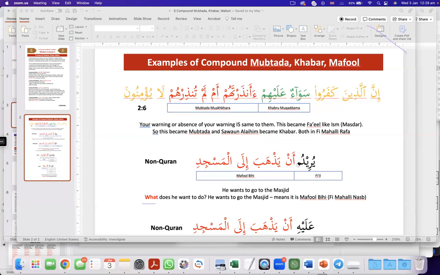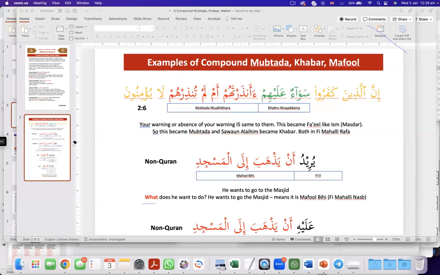We haven't touched on masdar mu'awwal, so I don't want to. At the moment, I'm telling everybody to understand that an yadhhaba means to go, just for now, so that they can focus on this maf'ul only. Okay, no problem. Alhamdulillah.